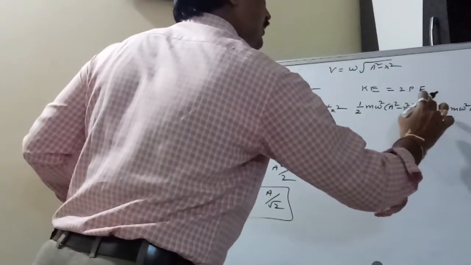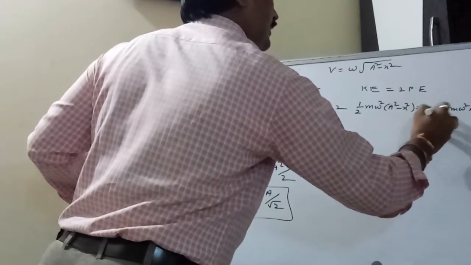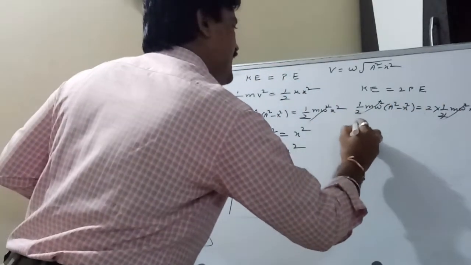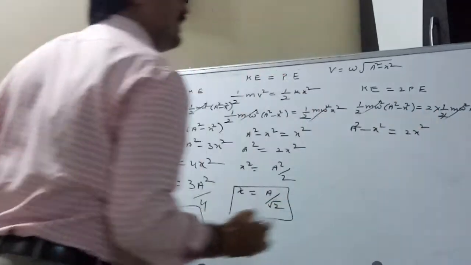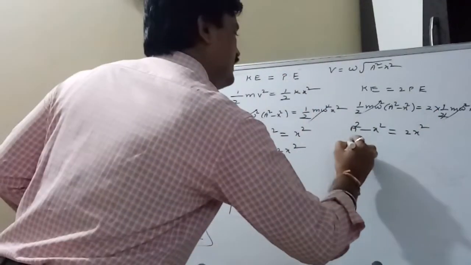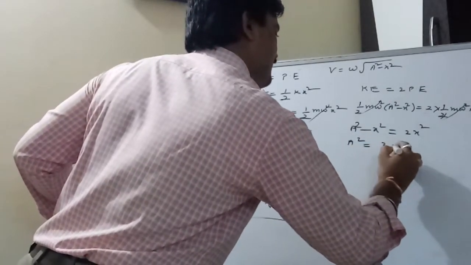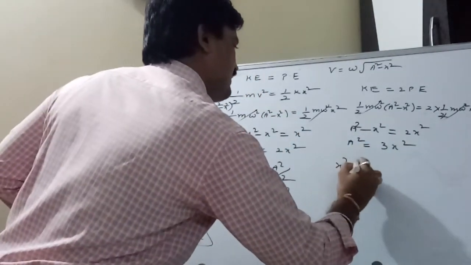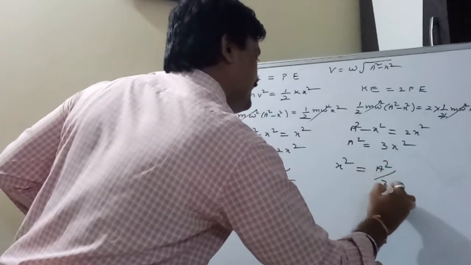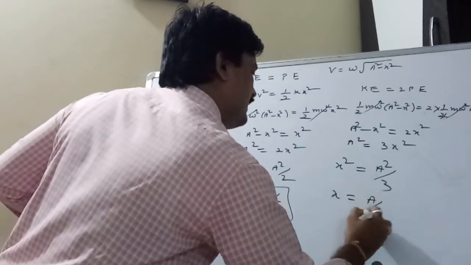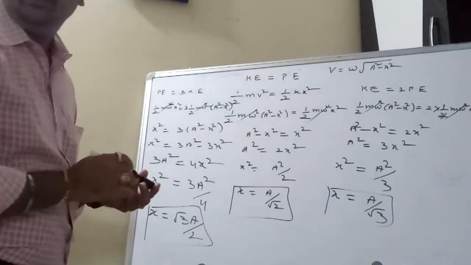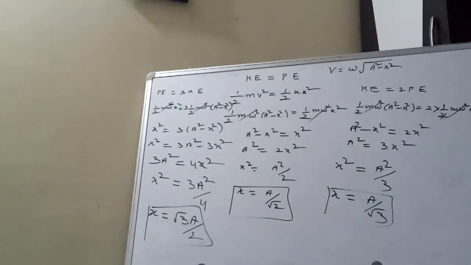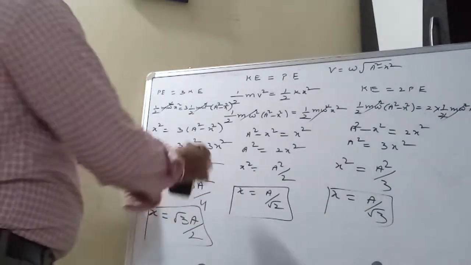So a square minus x square is equal to 2x square. So a square is equal to 3x square. So x square is equal to a square by 3. X is equal to a by root 3.